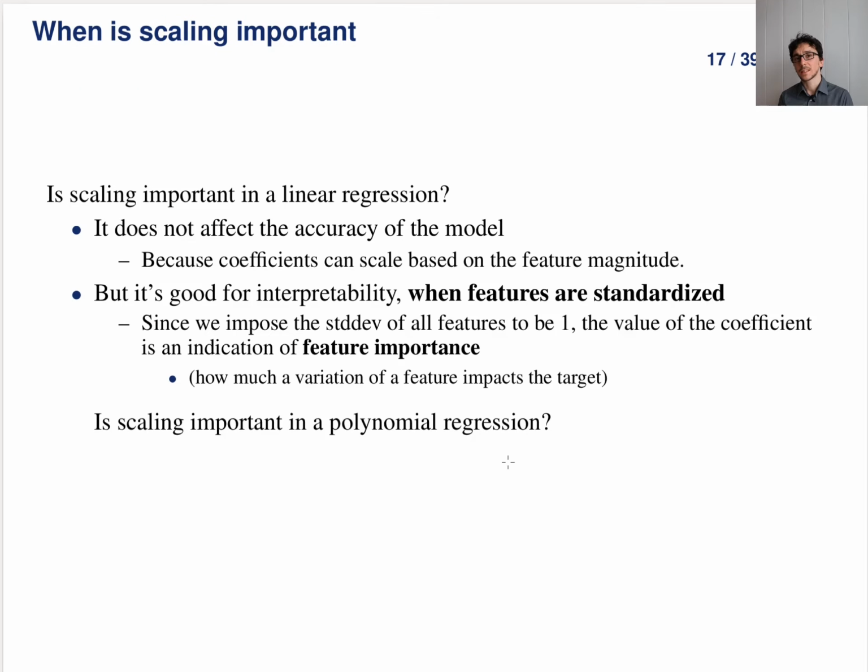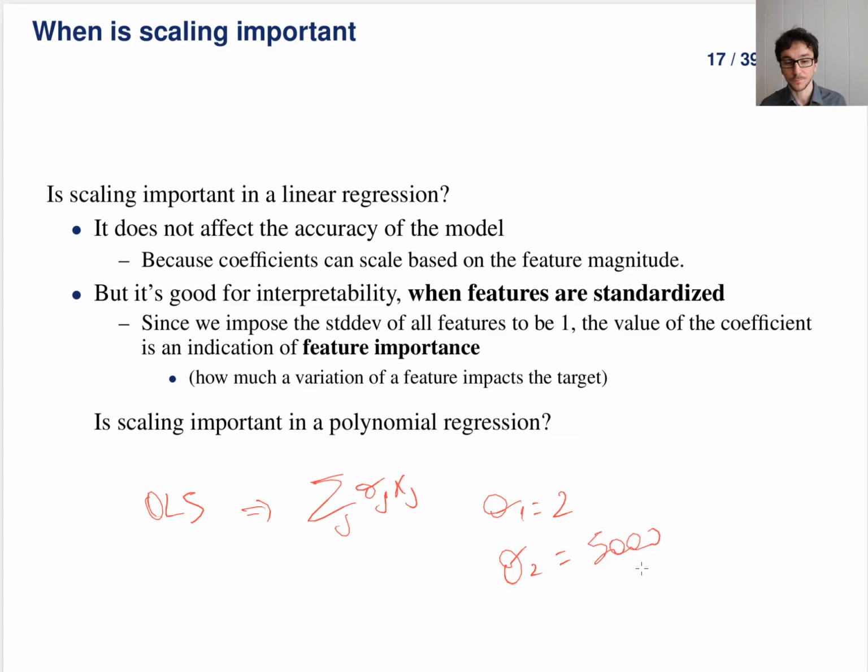I told you that scaling is important when you regularize, but even if you don't regularize, scaling is not mandatory maybe, but it's recommended anyways. So suppose you run an OLS, ordinary least square, and you obtain a model like that. Okay, and suppose theta 1 is equal to 2 and theta 2 is equal to 5,000.